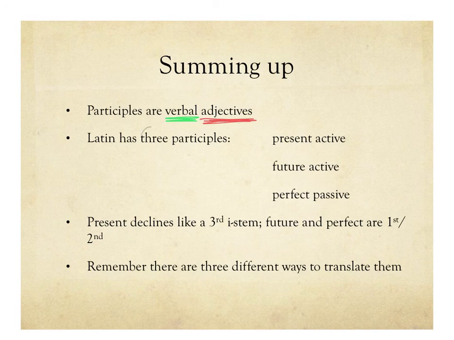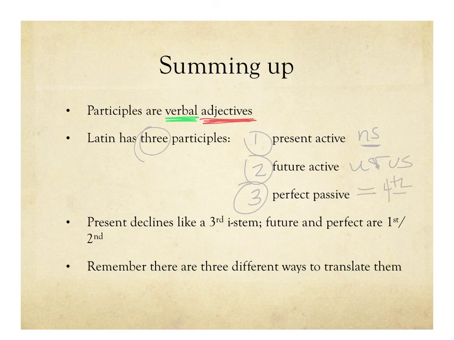Latin has 3 and only 3 participles: a present active participle, a future active participle, and a perfect passive participle. The present active, remember, is the one that ends in -ns. The future ends in -urus, and the perfect passive participle is the same as your fourth principal part. The present participle declines like an i-stem. The future and perfect are like a first and second declension.